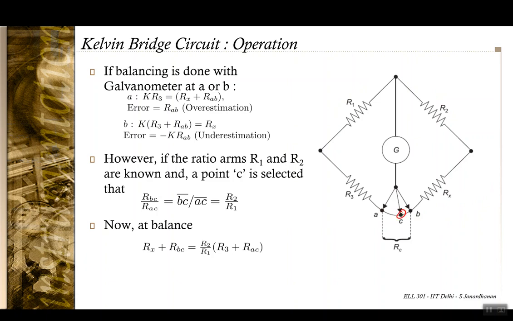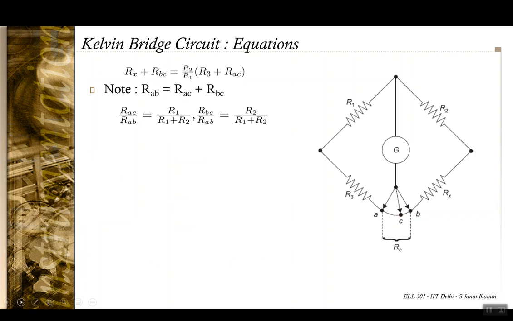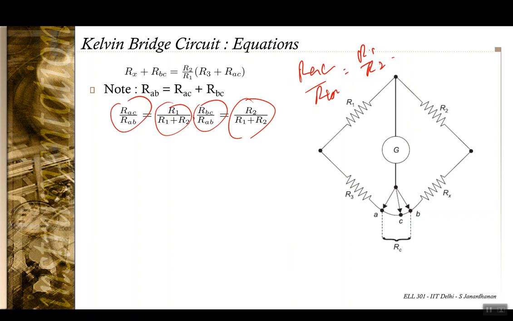If you make the connection at the point C and ensure that balance is achieved, then you have Rx plus RBC equals R2 by R1 times R3 plus RAC. Because RAC by RBC is R1 by R2, we can write RAC by RAB is R1 by R1 plus R2, and RBC by RAB is R2 by R1 plus R2.